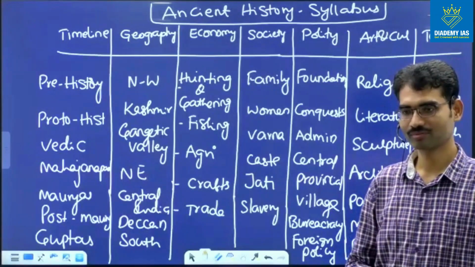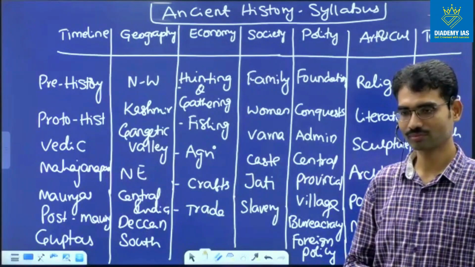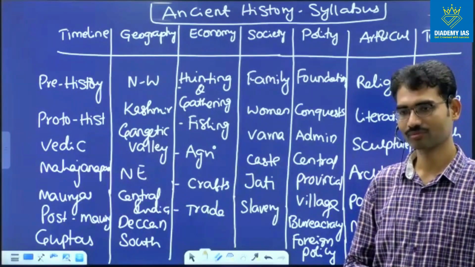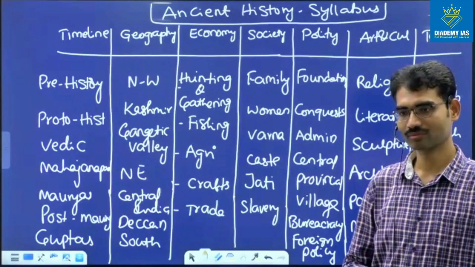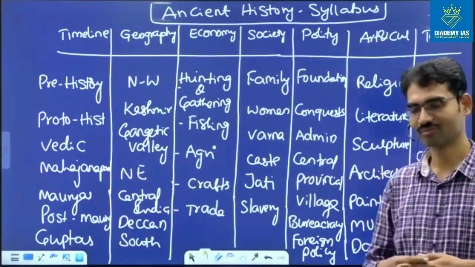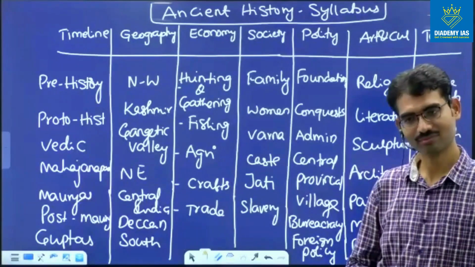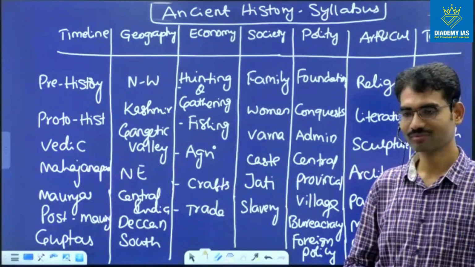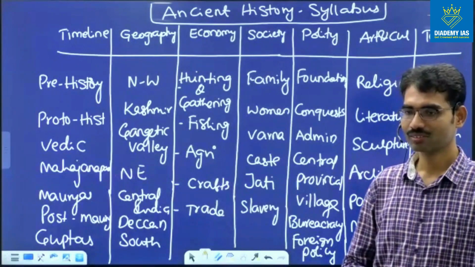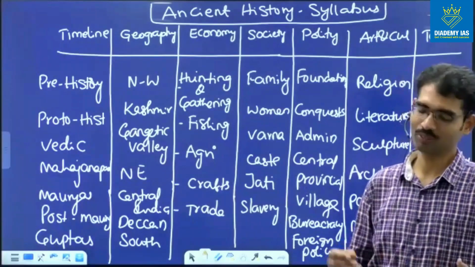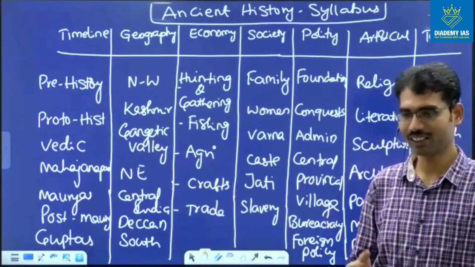When you mention that the caste system was not so rigid as it is being portrayed, the person who is evaluating my paper may have his own feelings about what is right. But if you quote the evidence, those who are checking copies are also enlightened people.